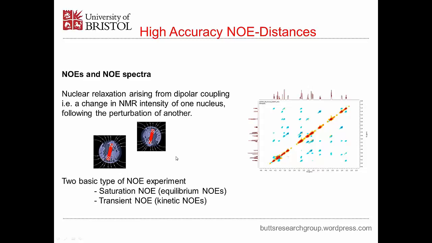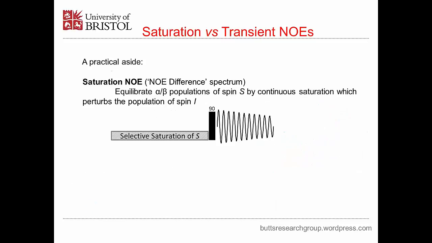Now experimentally, there are two basic types of NOE experiments that we might use or have been used for NOE analysis over the years. The first of those is saturation NOE, what might traditionally have been an NOE difference spectrum. A saturation NOE builds on an experiment where you selectively saturate one nucleus, S. You therefore equalize its populations in the alpha and beta states, and that will then perturb the population of another spin I that is near to S in space.